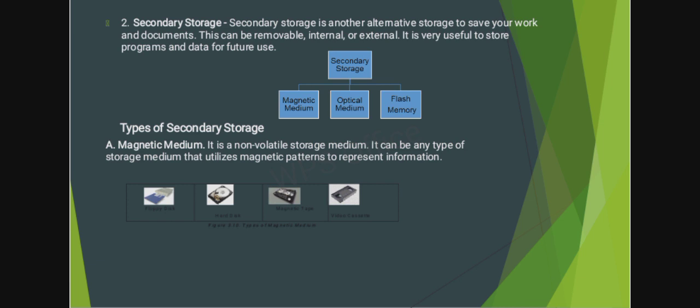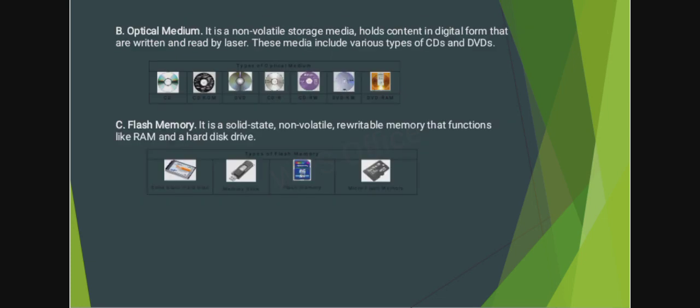It can be any type of storage medium that utilizes magnetic patterns to represent information. On your table, you will see the floppy disk, hard disk, magnetic tape, and the video cassette. These are examples of magnetic medium. The second type of secondary storage is the optical medium.